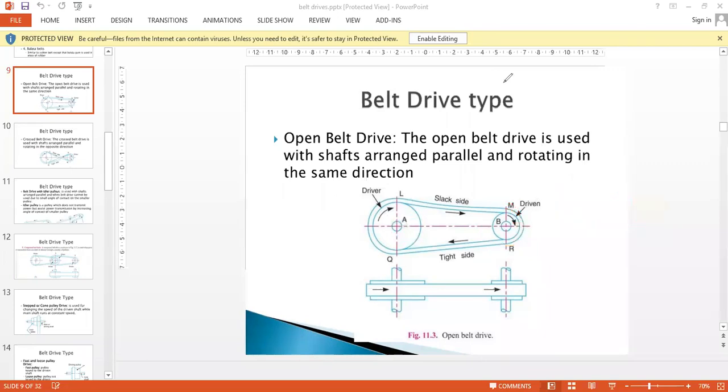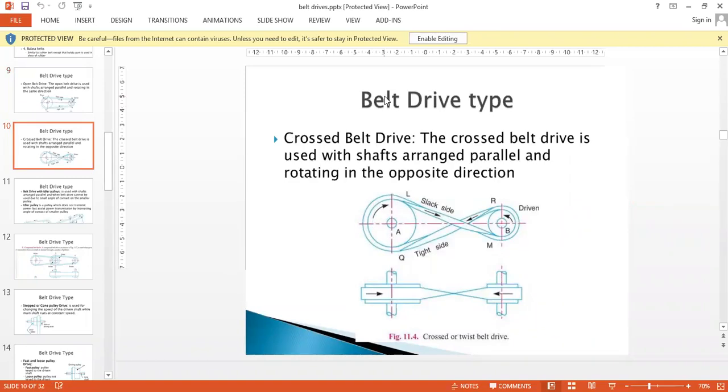Now let us see the next type of belt drive, that is the cross belt drive. Here again we have the front view and the top view of the diagram. We have one shaft mounted with a pulley D1, and at a particular distance another shaft with a smaller pulley D2.